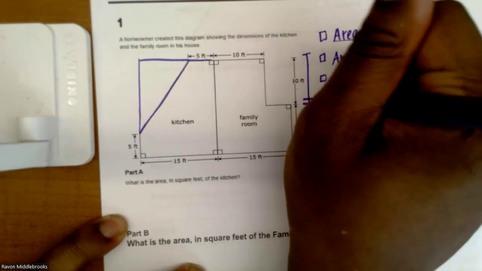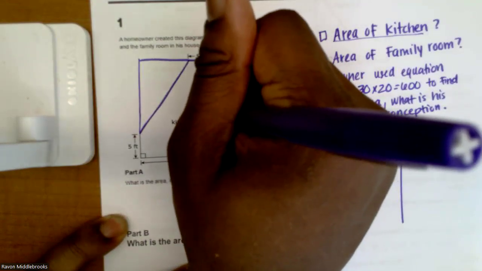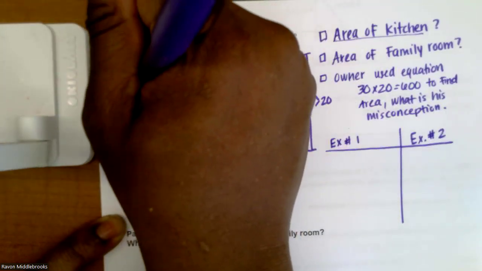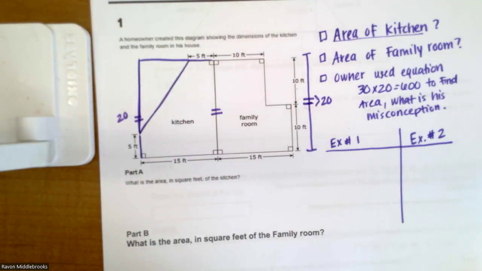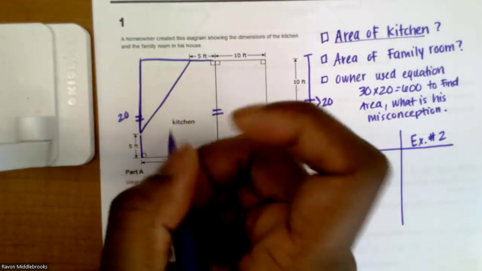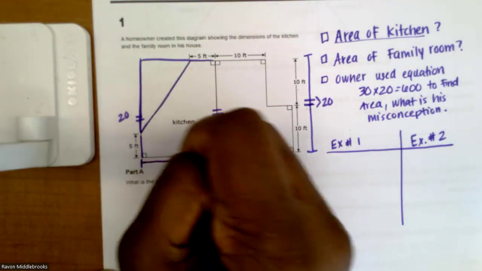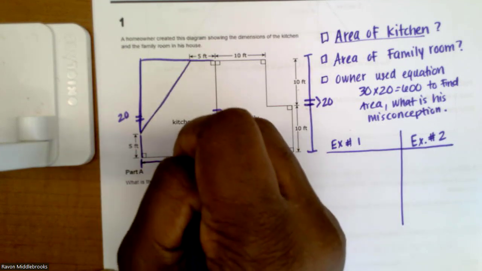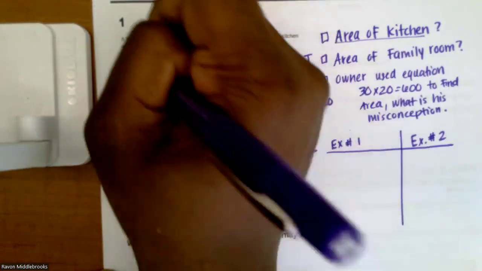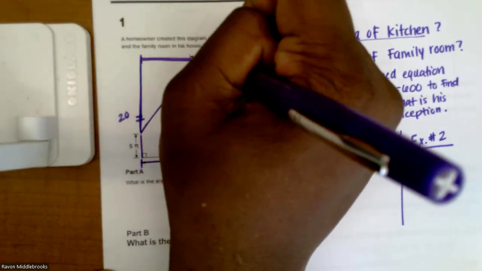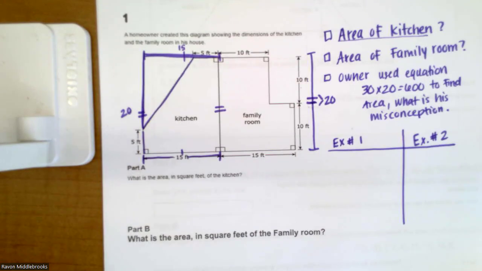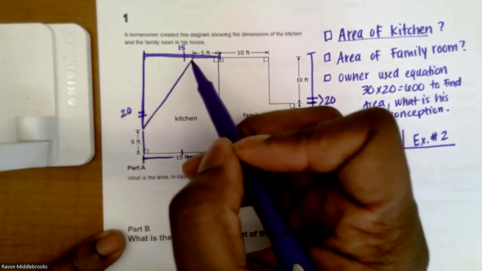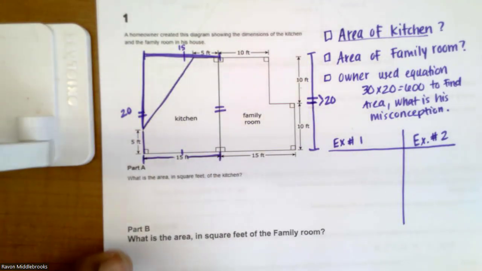And I know that this is the same as this, which is the same as all of this. I know that from here to here is 15. Thus, from here to here is also 15. Composite sides means the same sides, right?